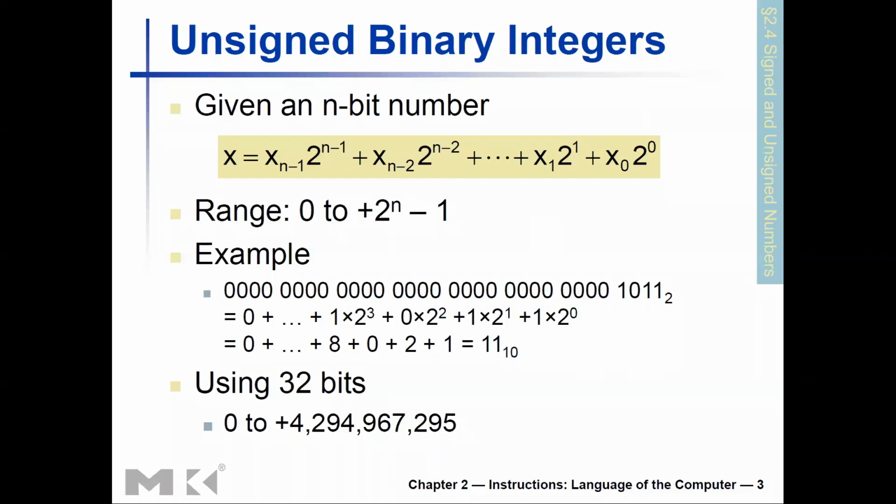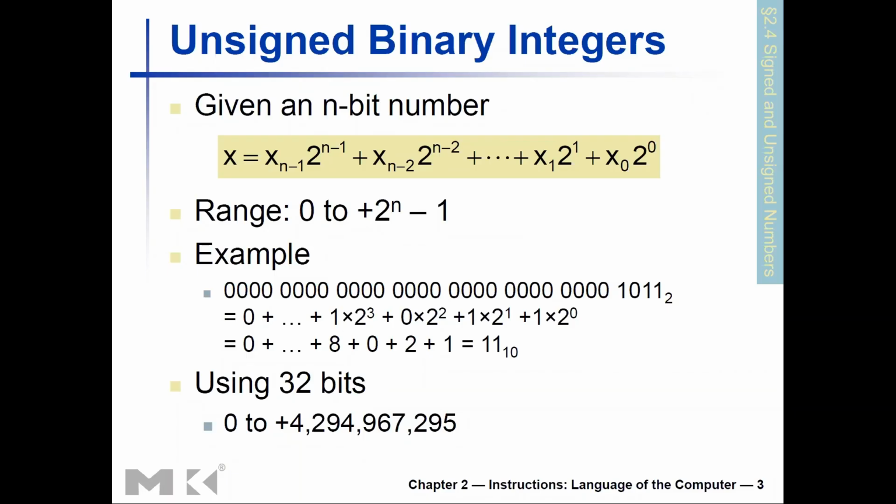An example is also given here. This is actually a 32-bit number, and if you use 32 bits, you can go to a very large number. This example is about representing the number 11 in binary.